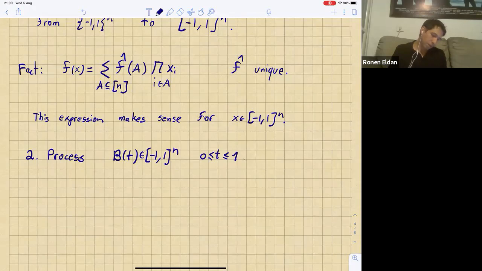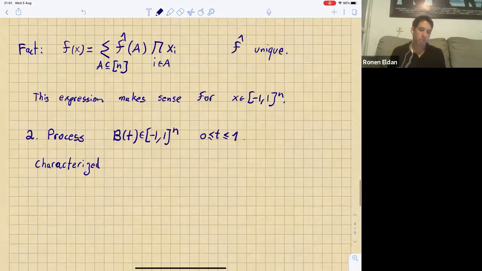This process will be characterized. I'm not going to give you the explicit construction now; I will do that after the break. I'll just tell you there is a unique process which is characterized by the following properties. It's a pretty simple process.